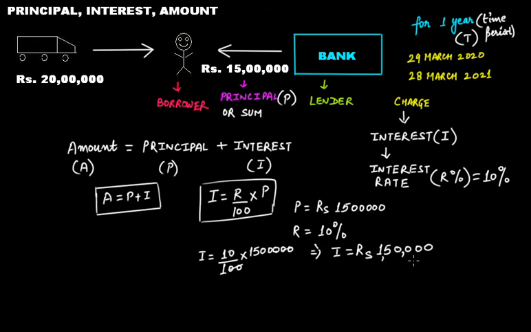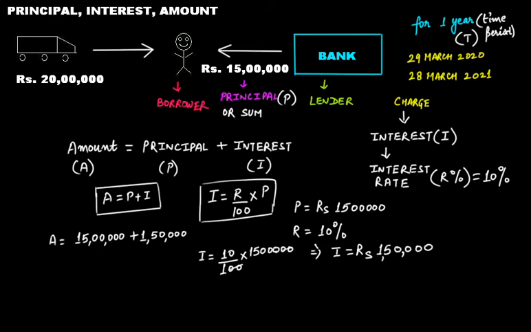It means that by the end of 1 year, you have to pay the total amount A, 15 lakh plus this interest, that is 1,50,000.